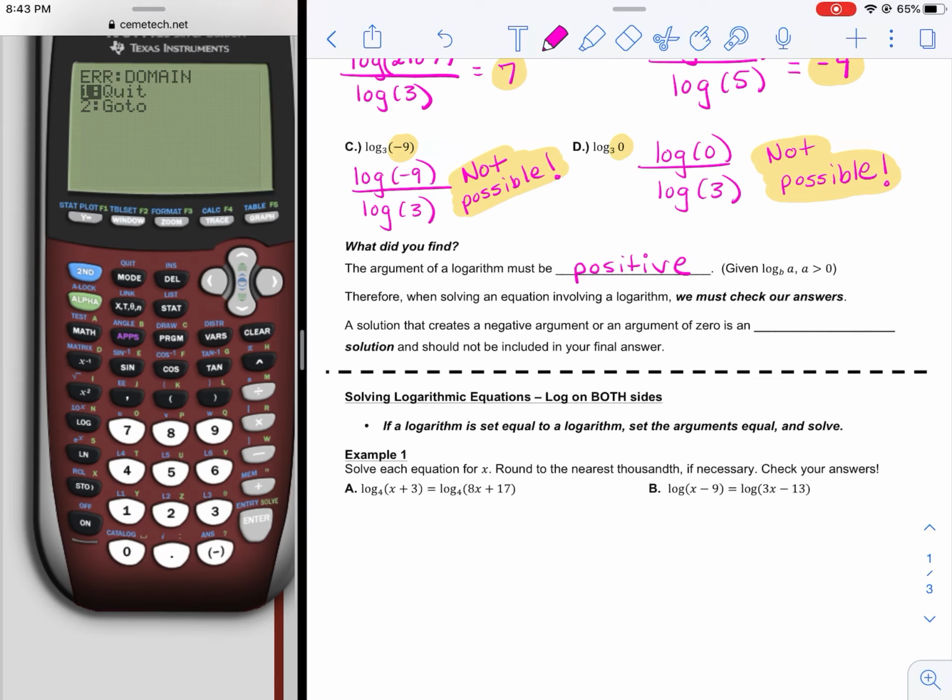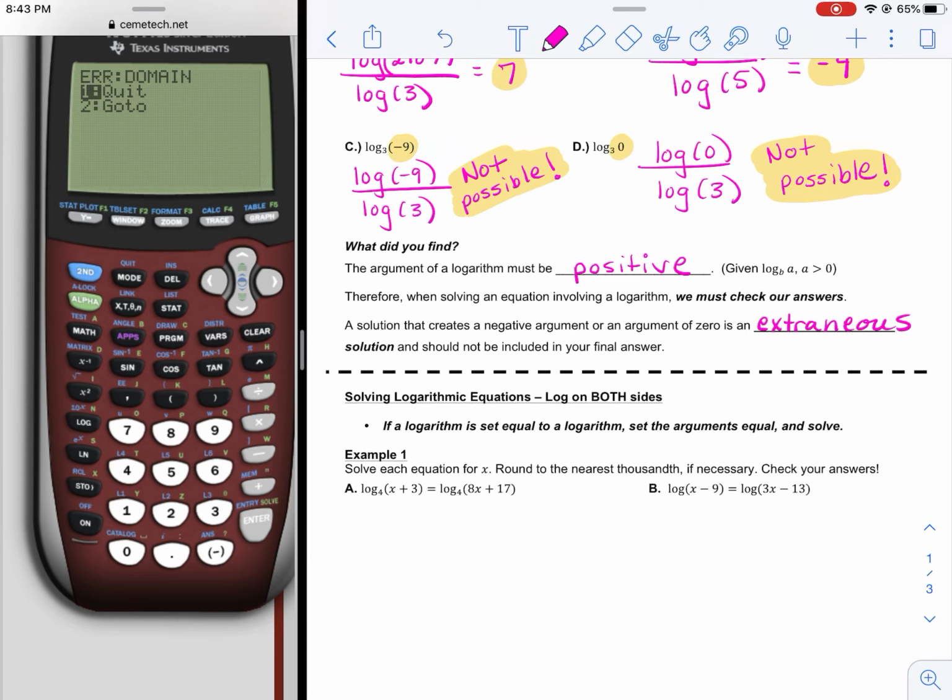We call that part the argument. Therefore, when we're solving an equation involving a logarithm, we must check our answers. If we're trying to solve for a variable that is within the log, it's part of the argument, we have to make sure that that argument is positive. A solution that creates a negative argument or an argument of 0 is an extraneous solution.